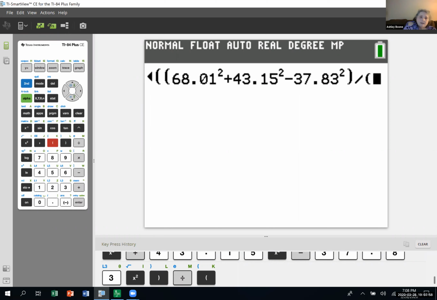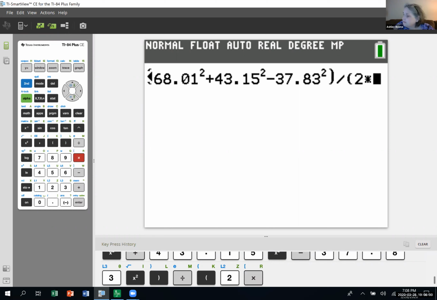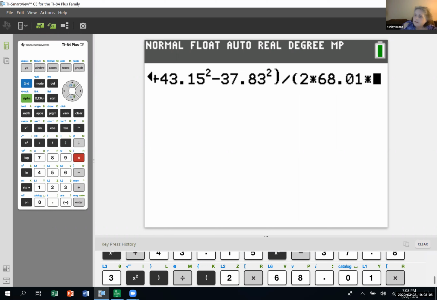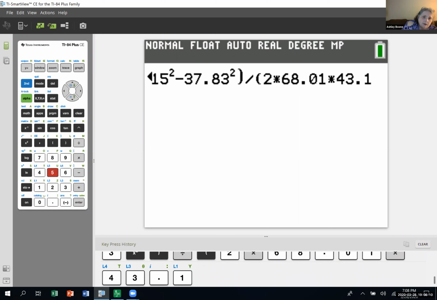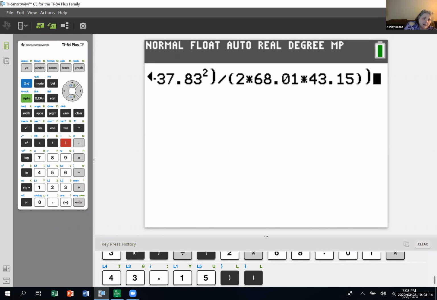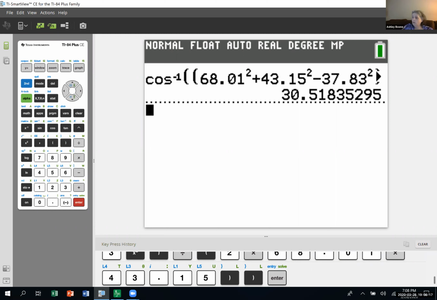So I have parentheses 2 times 68.01 times 43.15. Close off my denominator, close off what's inside inverse cosine. So I can type the whole big old thing in, and I end up with theta being 30.518, and so on.